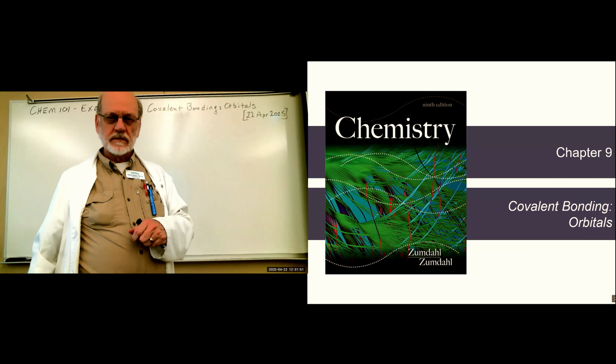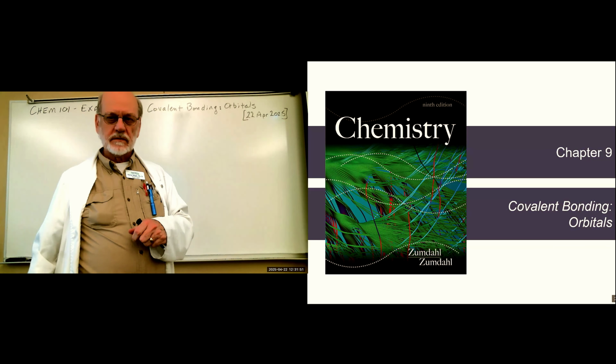And the electrons that are coming from those individual atoms still belong to those atoms, so to speak. They share them in the overlapping orbitals, but they still have legal rights to them, so to speak.